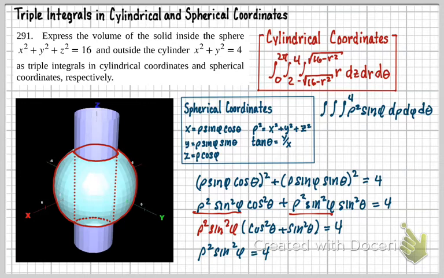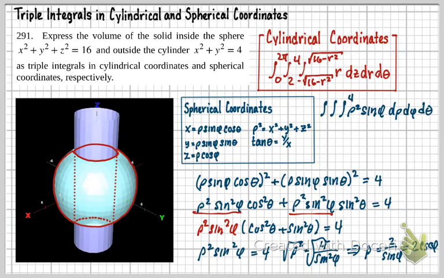And then if I'm solving for rho here, because I need the lower bound for rho, I'm going to move over the sine squared of phi. So I'm going to divide by that. So I get rho squared equals 4 over sine squared phi. And then I'm going to square root both sides. So then my final answer for rho is going to be rho equals 2 over sine of phi, which I can also write as 2 cosecant phi.